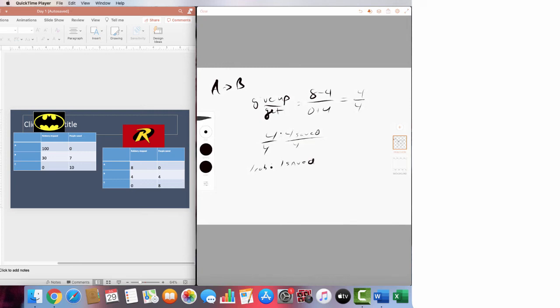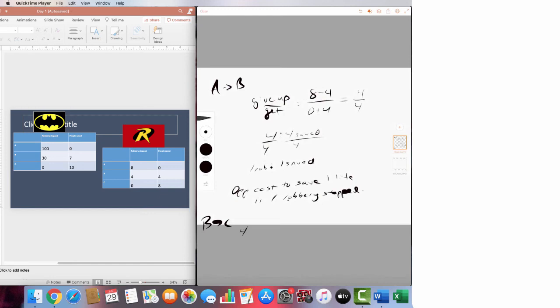So for Robin, the opportunity cost to save 1 life is 1 robbery stopped. And if you've looked ahead, you know that going from B to C is going to have the same ratio, so the opportunity cost will be the same.